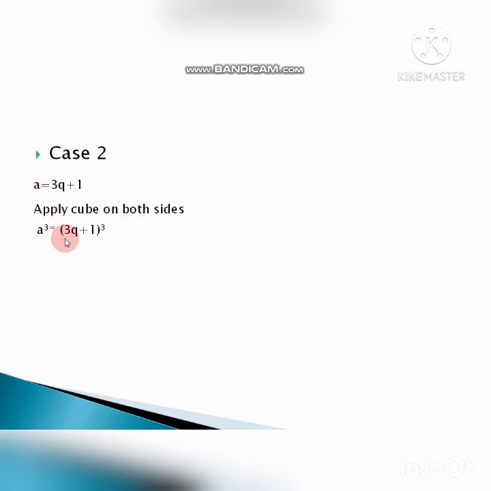So a cube is equal to 3q plus 1 whole cube. Now it is in the form of a plus b whole cube, and we know the formula: a cube plus 3a square b plus 3ab square plus b cube. Here a is equal to 3q and b is equal to 1, so substitute the values of a and b in the formula. Then you are going to get this after substituting.